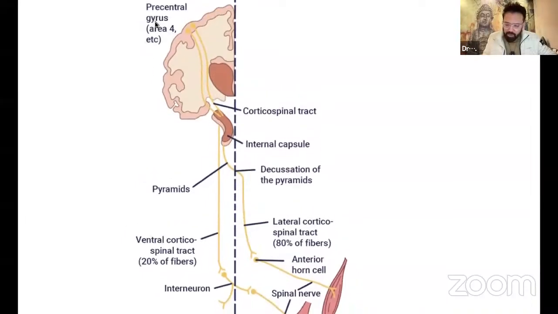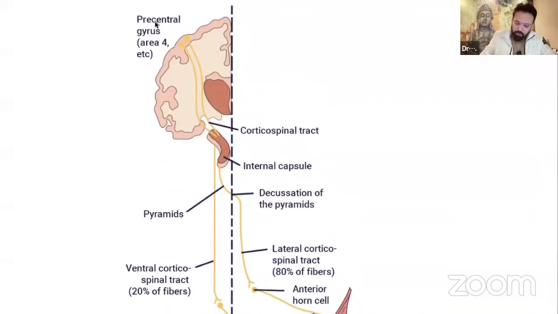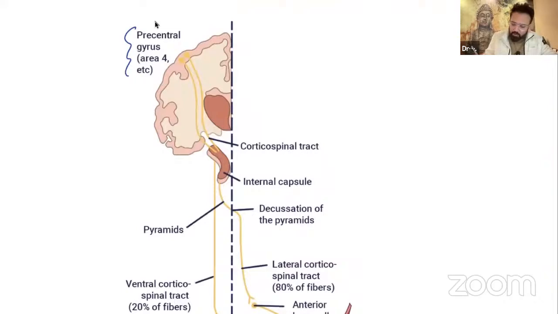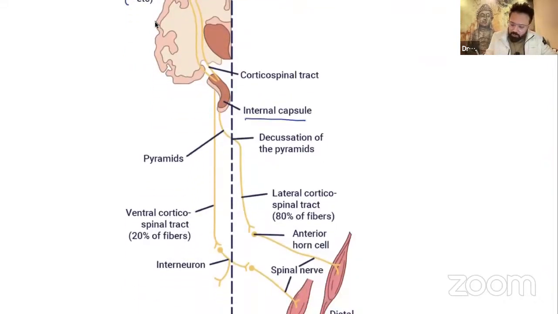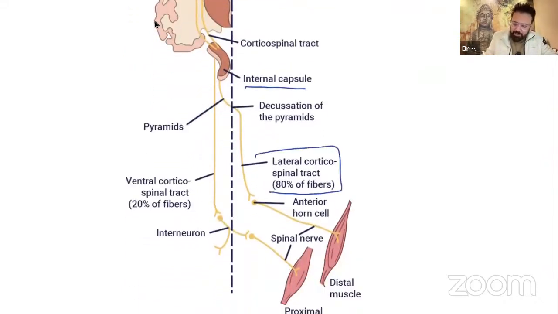Now this is your pyramidal tract, doctors, coming from the precentral gyrus. Okay, internal capsule. 80% of fibers decussate here in the medulla. It is called the lateral corticospinal tract, and this is for skilled voluntary activity.